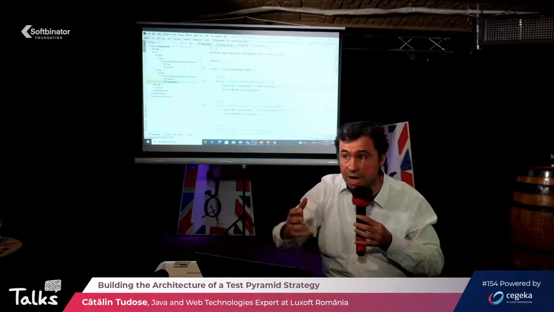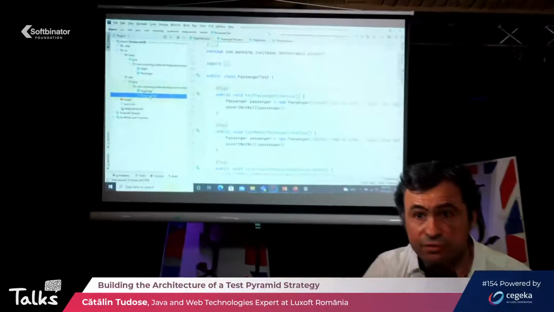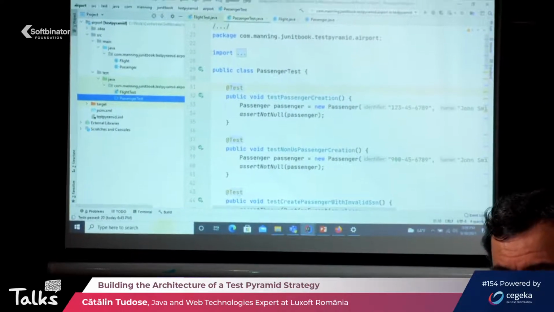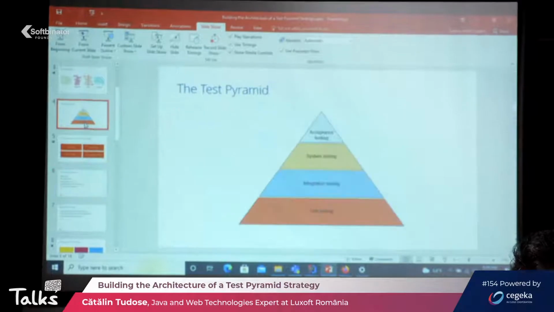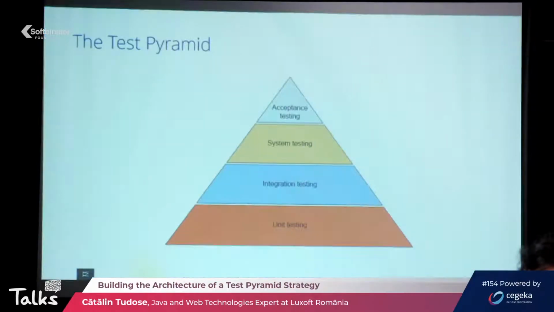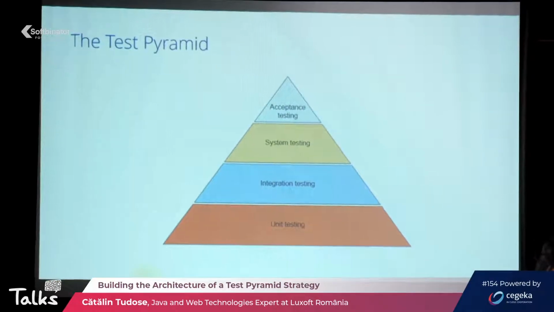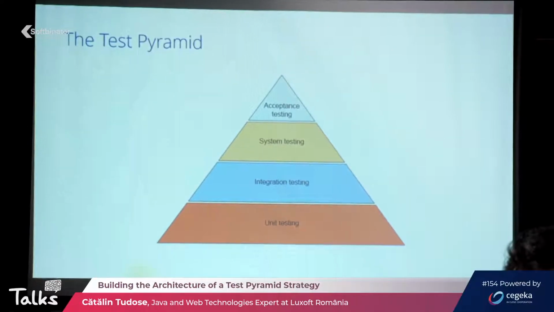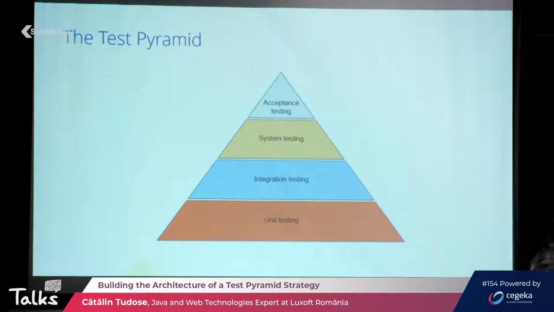So everything from here is tested in isolation of the other classes or other packages. We have a test that is focusing on the flight, we have a test that is focusing on the passenger. Of course, this will not be enough, but if we don't have this part at the ground already functional, why should we go further? This is the basis of our pyramid.